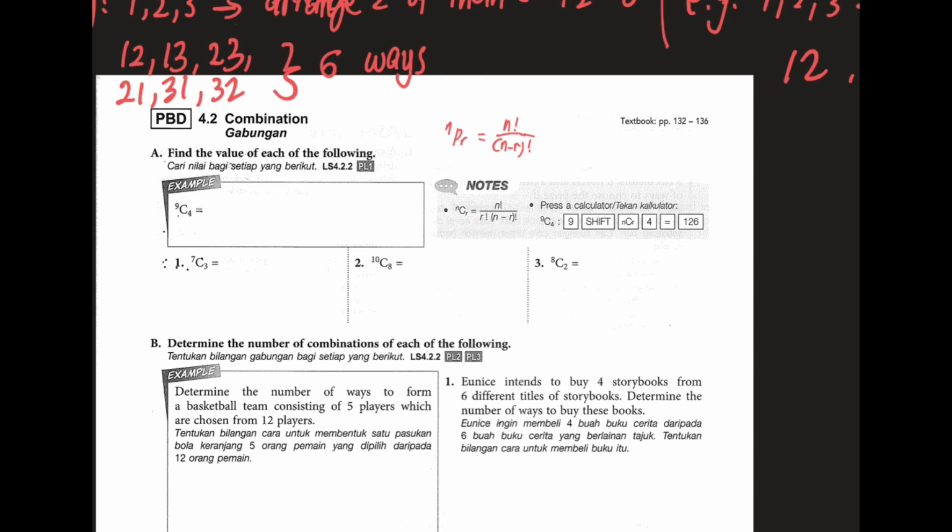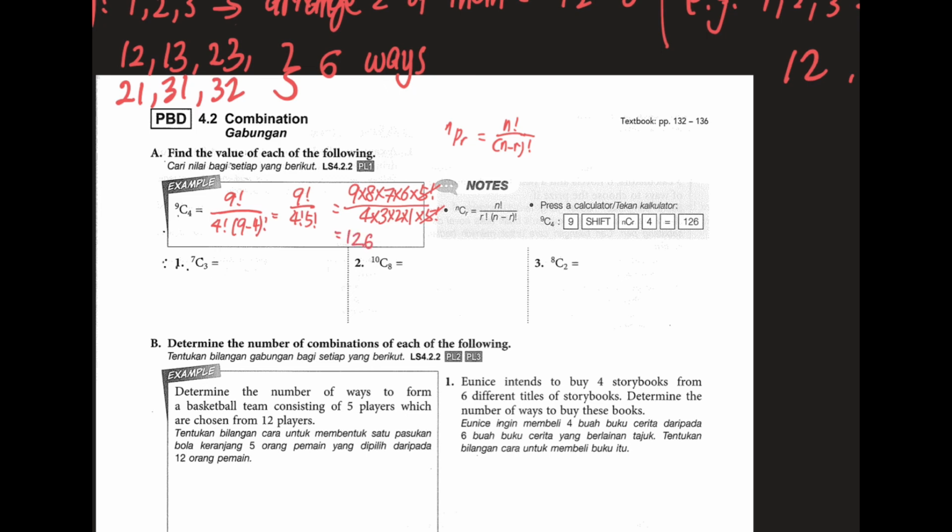Then it's going to be 9 factorial over 4 factorial times 9 minus 4 factorial, which is 9 factorial over 4 factorial 5 factorial. If I expand it, 9, 8, 7, 6, then 5 factorial; 4 factorial I expand, 4, 3, 2, 1; 5 factorial I don't want to expand because I want to cut with that. Then I can count and get 126.